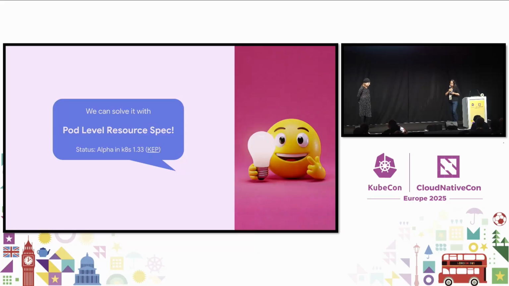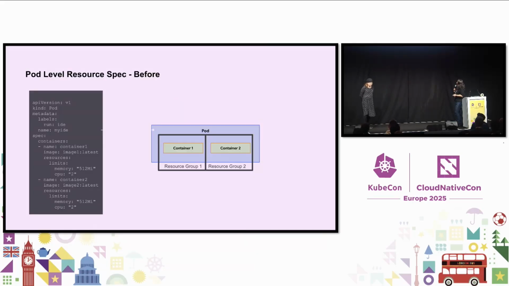Right, so to dig into how this works, let's start with how we apply resources at the container level today. You can see from the YAML file that you have to think carefully upfront and plan how much of the resource you want to apply to each individual container. And there's the struggle.